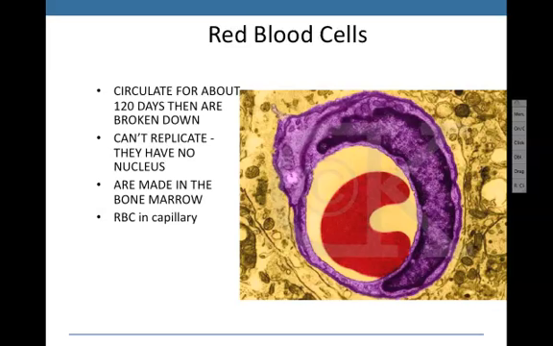Now here is a picture of a red blood cell inside a capillary. And this picture I put in because I thought it showed a really nice picture. You can see the size of the red blood cell inside the capillary. This is a cut right through a capillary, and it's as if you're looking through the capillary.